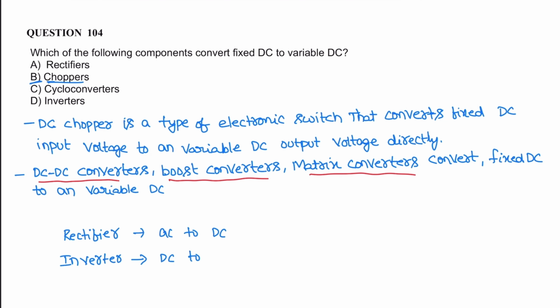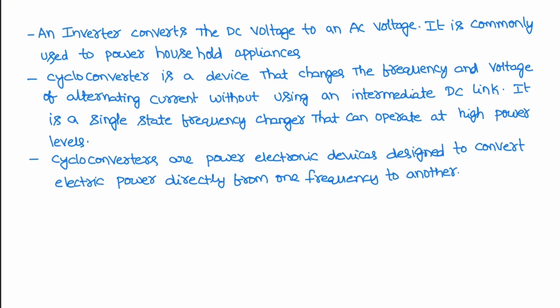Next, cycloconverter. It is a device that changes the frequency and voltage of alternating current without using an intermediate DC link. Cycloconverters are power electronic devices designed to convert electric power directly from one frequency to another frequency. So an inverter converts DC voltage to an AC voltage. It is commonly used in household appliances.